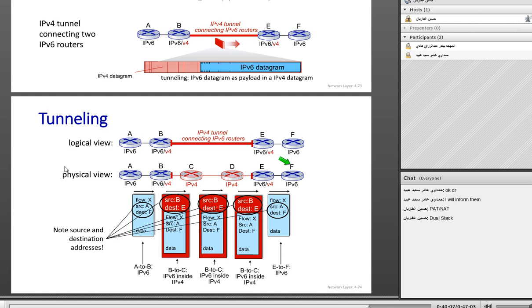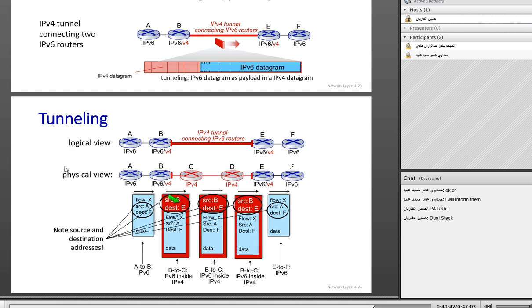In dual stack, unlike the tunneling strategy, where you can see that while passing through the IP version 4 network I'm putting one packet inside another packet, so I'm adding some overhead to my network because of tunneling. In dual stack, instead of putting one packet into another packet, I'm changing the header of the packet.